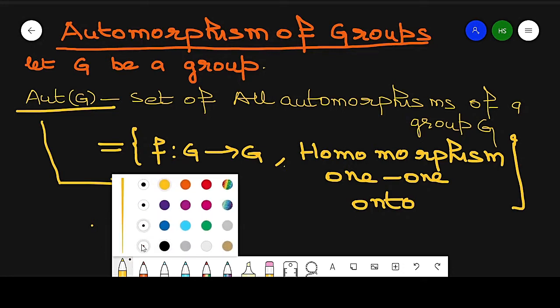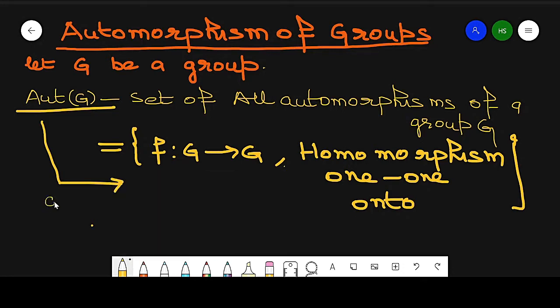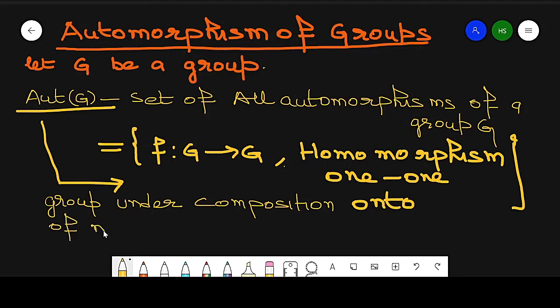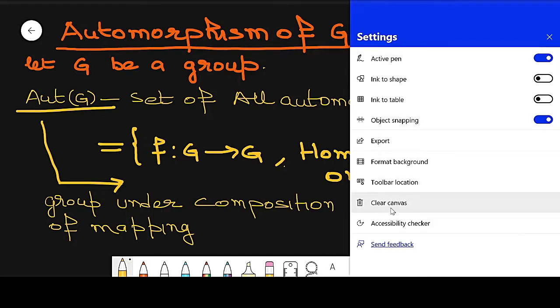So remember that these are all homomorphisms that are one-one as well as onto. This is called the set of automorphisms, which is again a group.